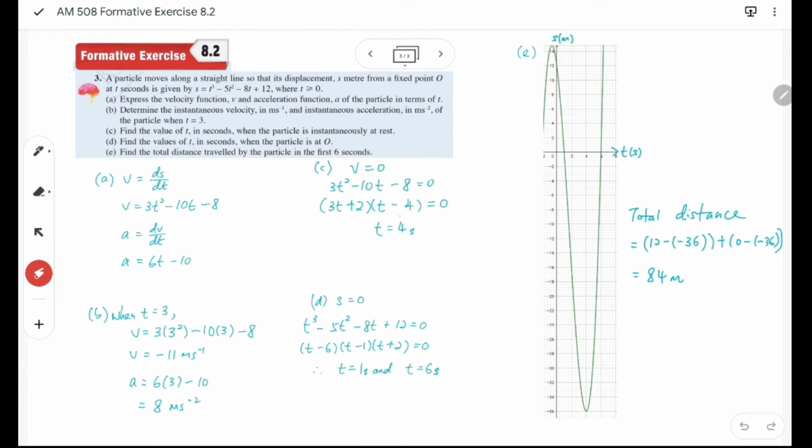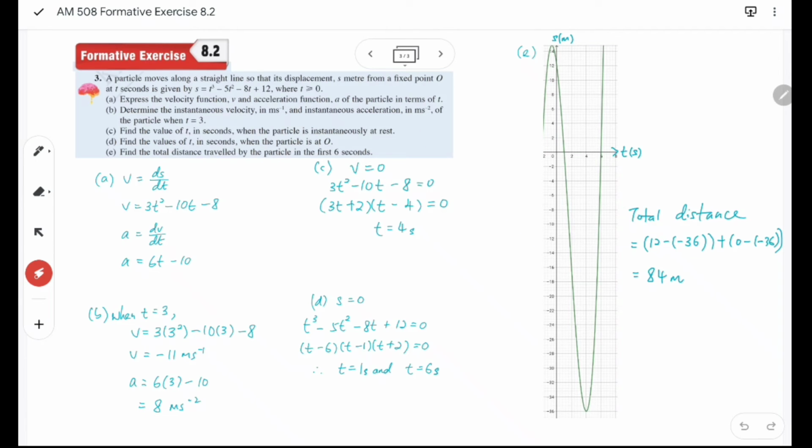By factorization, we get (3t plus 2) times (t minus 4) equals 0. 3t plus 2 equals 0 gives t equals negative 2/3, and that's the solution that we don't want. So we only focus on the positive value of t. From t minus 4 equals 0, we get t equals 4 seconds.